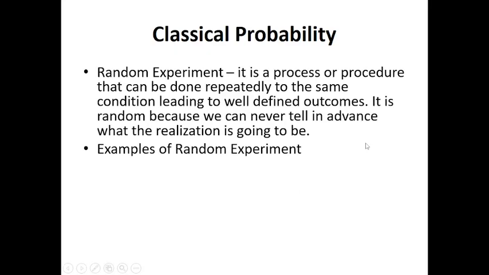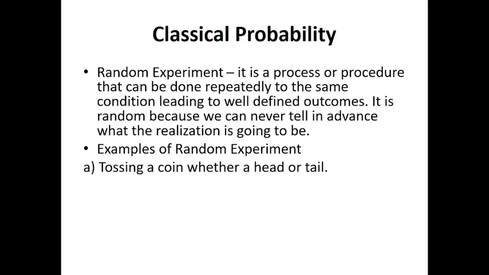Alright, so we have here some examples. The first example is tossing a coin, whether a head or tail. Here we have the procedure or the process, which is tossing a coin.